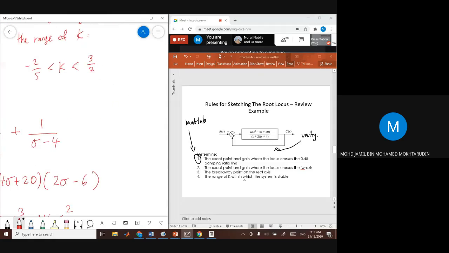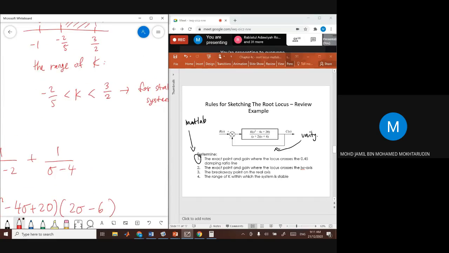Okay, so for stability, if you look at this range, then this value here is when the system is marginally stable, where the root locus crosses the JW axis. This means that if your K is bigger than 3/2, then the system will be unstable.